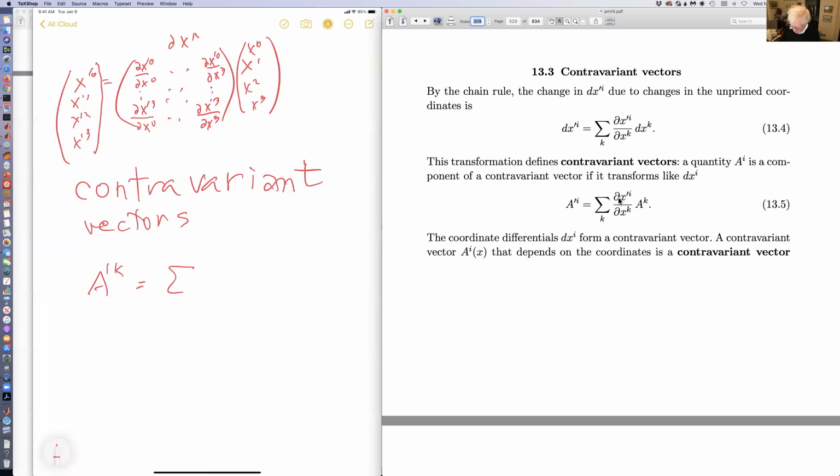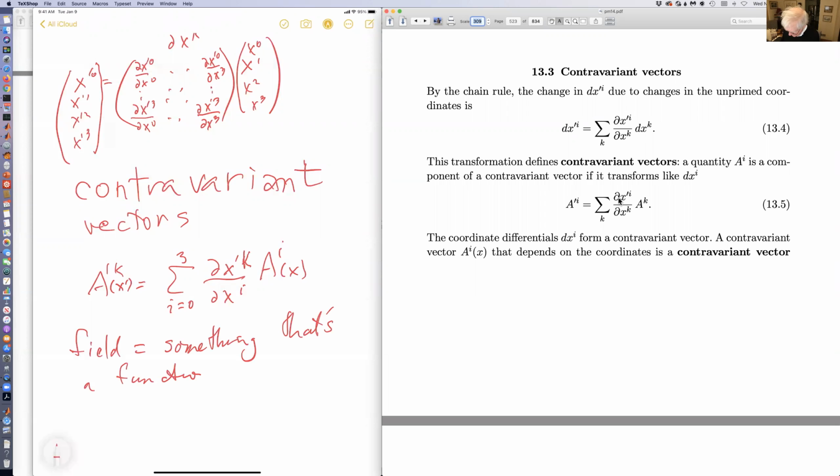Well, I changed i and k, so let me do i equals 0 to 3, partial x prime k, actually, partial x i, a i. And if the A are a field, that is to say, a field is something that's a function of x, which is to say t and x.